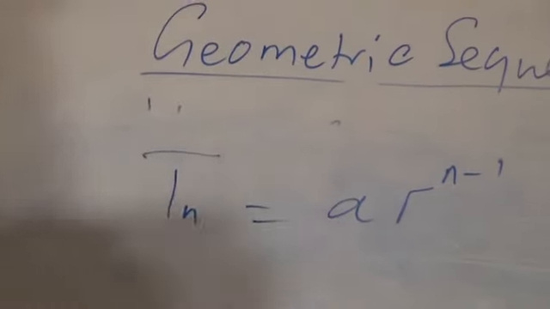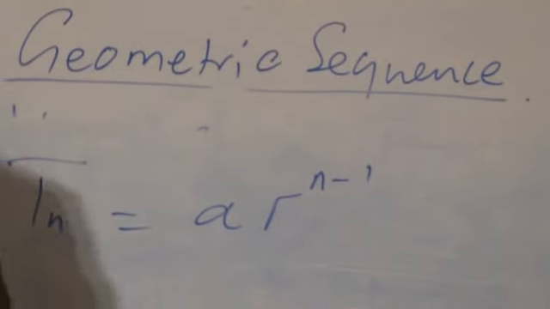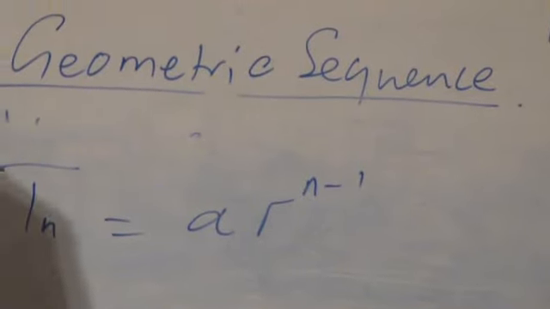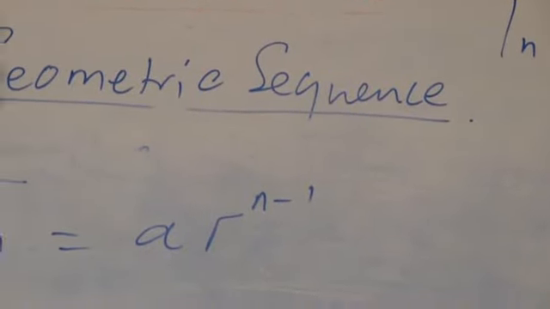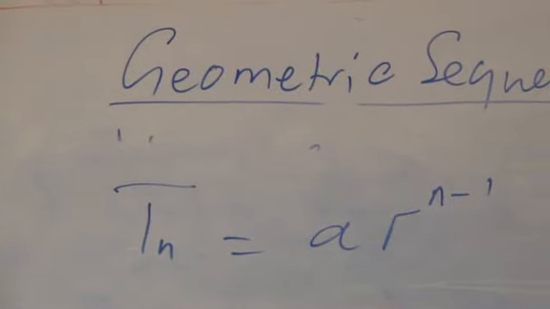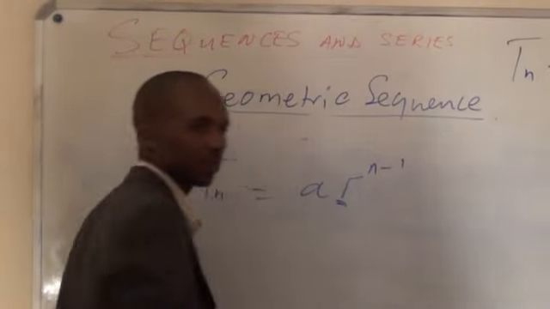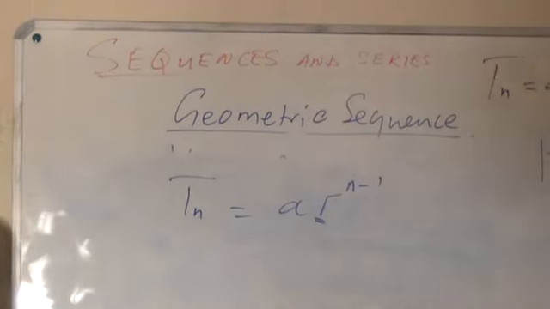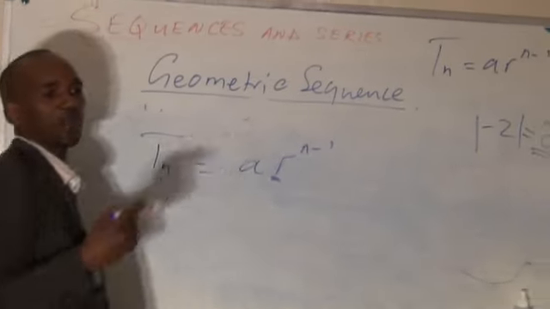Good. Now, if that is the case, let us ask ourselves what exactly we are saying here. Let's make this a fraction. How can you write a fraction in general?